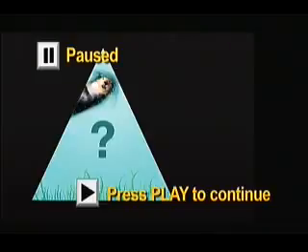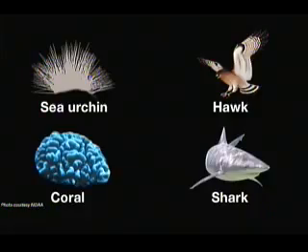Now it's your turn. Study the energy pyramid and select the best ecosystem member to fill in the blank spot. The choices are sea urchin, coral, hawk, shark.